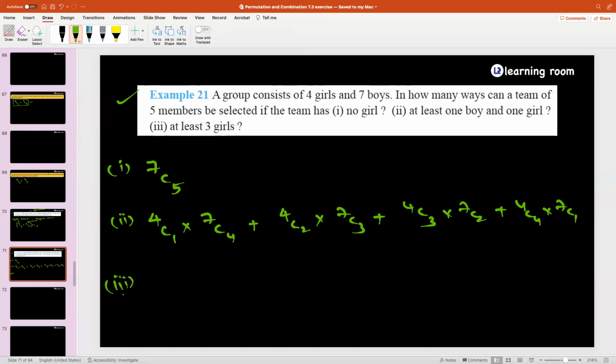At least 3 girls means out of the 4 girls, you can have 3 into 7C2, or 4C4 into 7C1. That's it. Is that point clear? Yes.